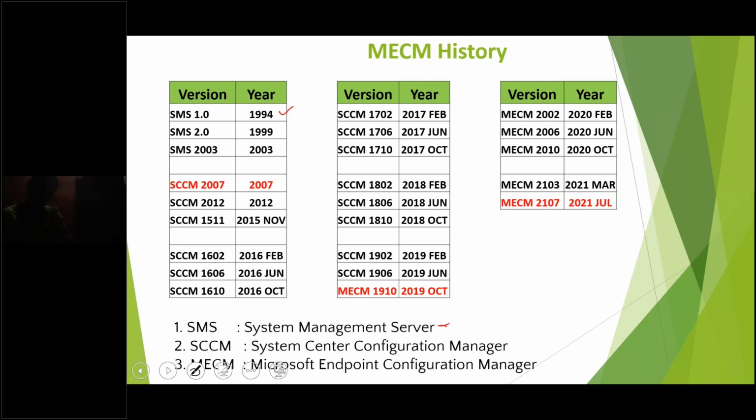Then in 1999, they released SMS 2.0. Then SMS 2003 in the year 2003. Then they changed the name from SMS to SCCM, System Center Configuration Manager, in the year 2007.